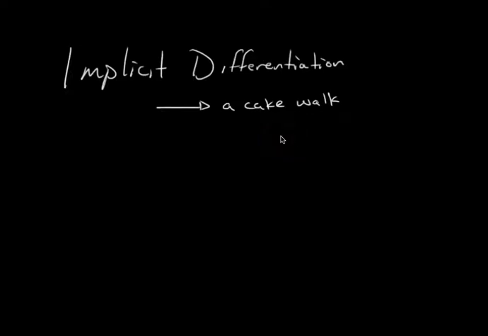Hey guys, my goal in this video is to convince you all that implicit differentiation is not this big, scary, intimidating, formidable thing that a lot of people think it is. I honestly don't know why it gets such a bad reputation. I think it could be that it's not commonly understood why you do what you do in the implicit differentiation process.